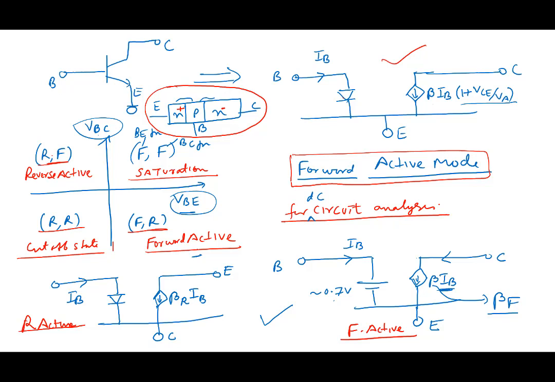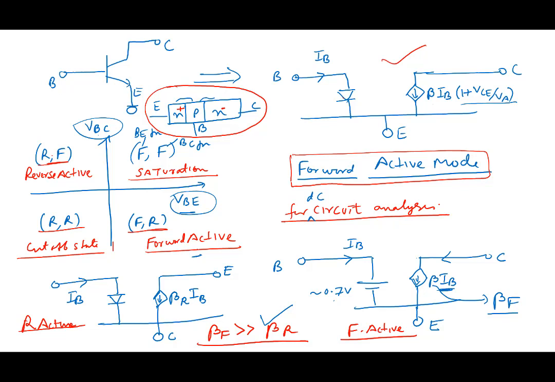As a result, what we find is that beta F, the forward current gain, is much, much larger than beta R. Beta R may be, for example, 1 or 2.